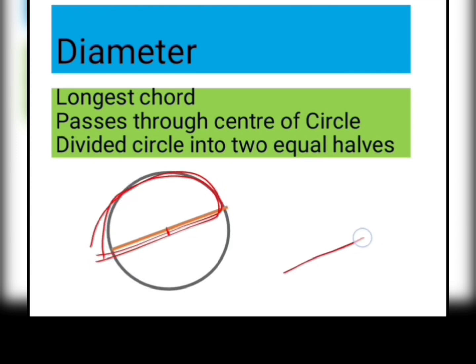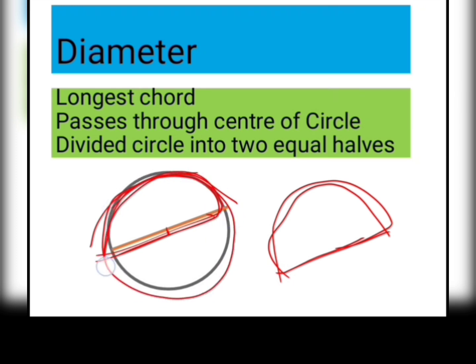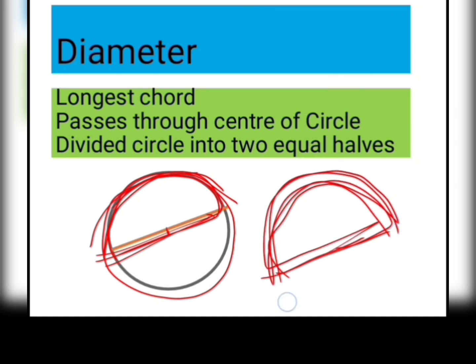Let's redraw this here. So this diameter is cutting the circle into 2 equal halves. Each equal half is known as semicircle.